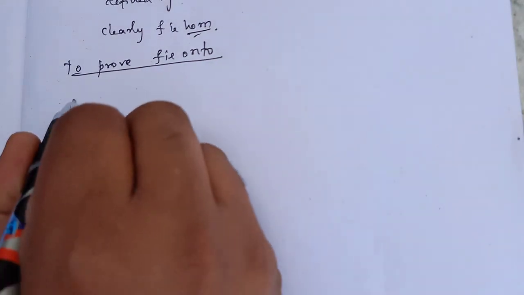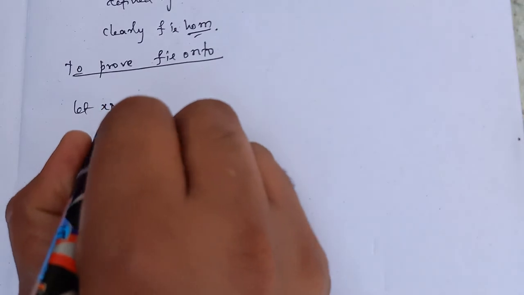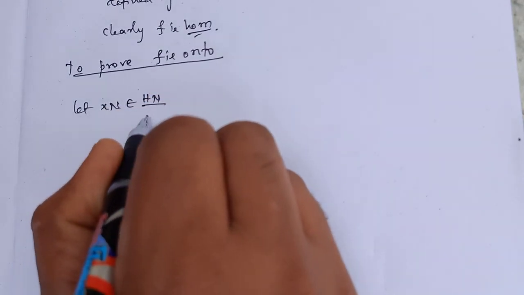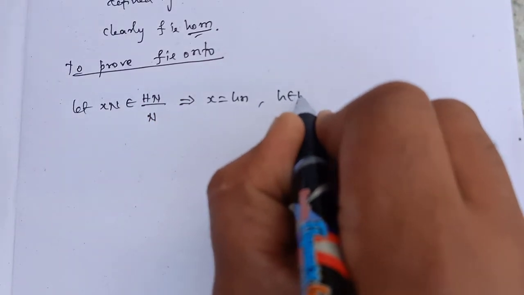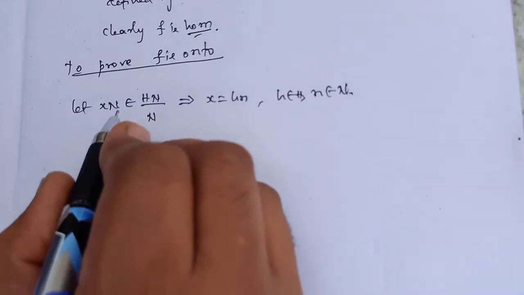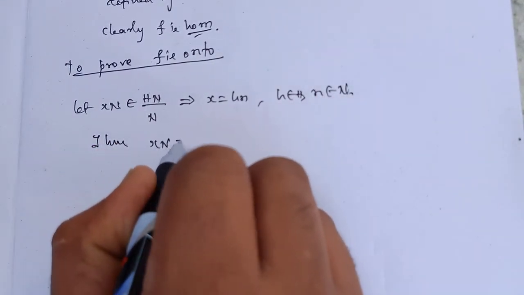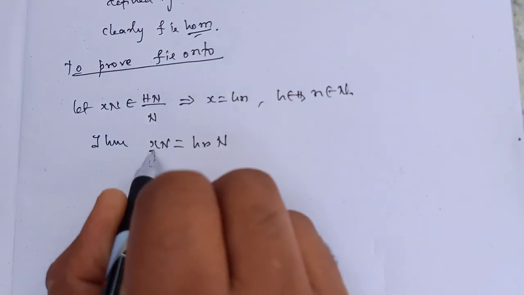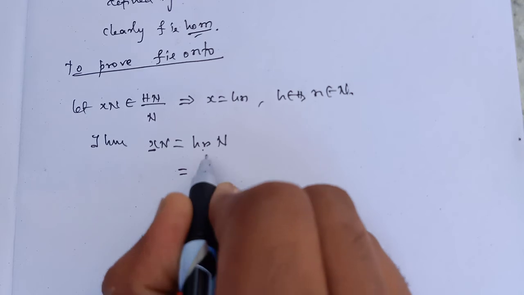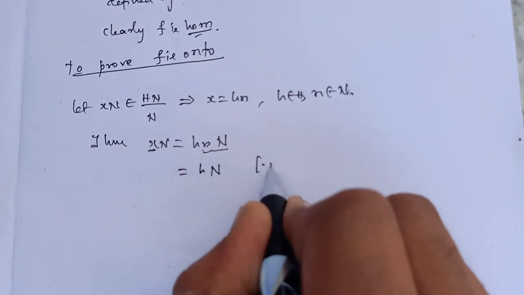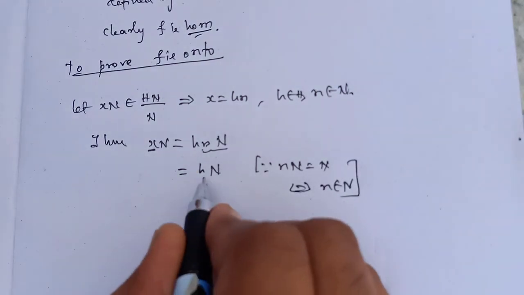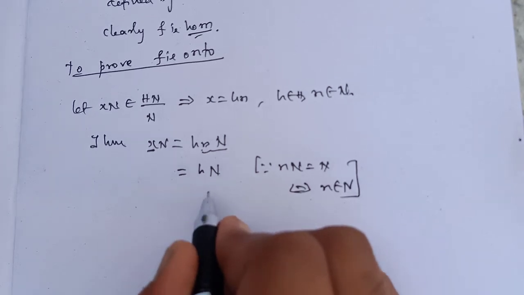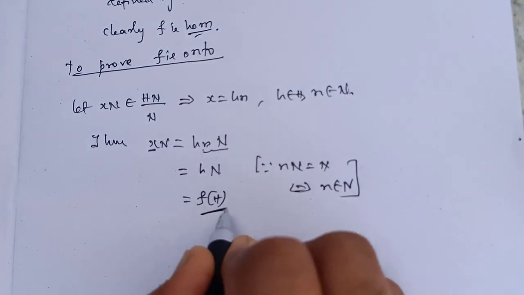let xN, I am taking an element in the image, that is xN belongs to HN by N. This implies x is of the form hn, where h belongs to H and n belongs to N. Thus xN can be written as hnN, and since n is an element of N, nN is equal to N if and only if n belongs to N. Therefore xN is equal to hN, which is nothing but f of h from the definition.